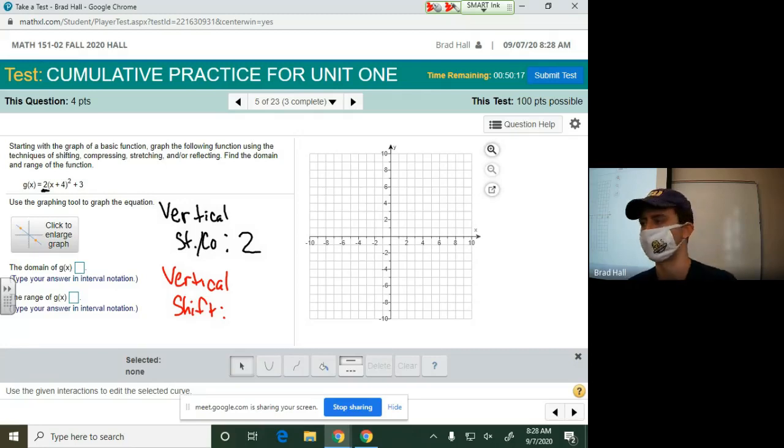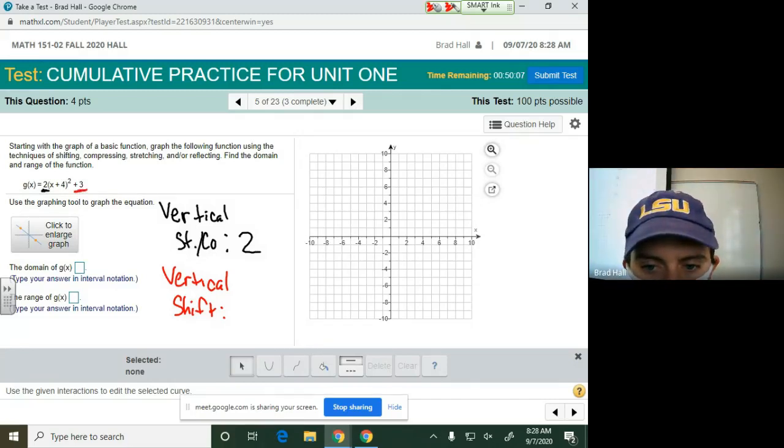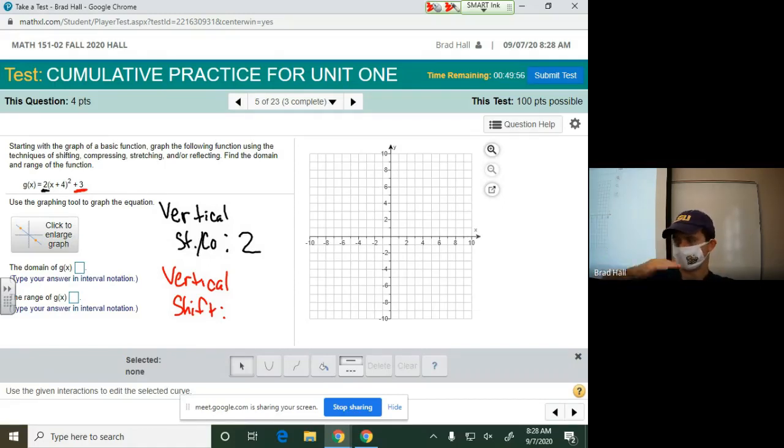Since this is up or down, this is when a number is added to the function verbatim, on the outside. So that +3 is being added to the function. That means this would be a vertical shift. And when you go up or down, this is a verbatim operation, which means if you add 3, you will go up 3. There's no opposite here. It's just +3.